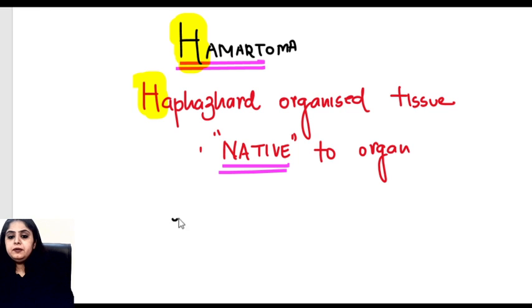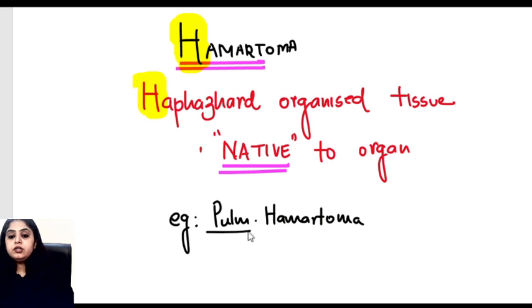For example, over here you were dealing with the case of pulmonary hamartoma. So what all does the lung have? You will say, ma'am, lung has bronchi, bronchioles, alveoli, cartilage. Okay, let's take cartilage. Cartilage is native to the organ. You agree? Cartilage is definitely a part of the lung tissue.